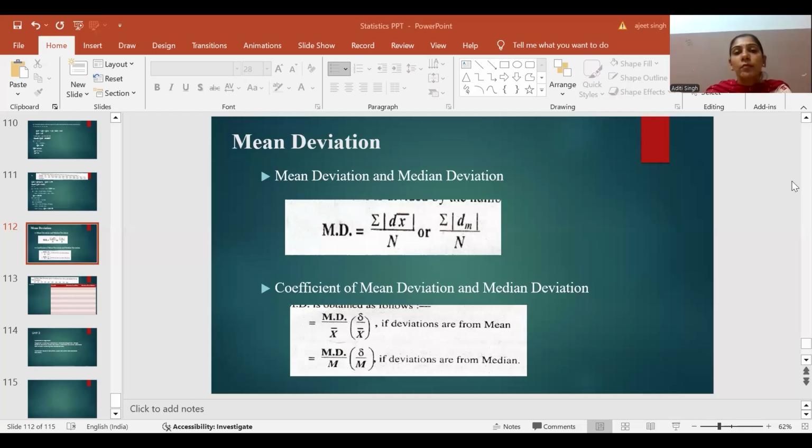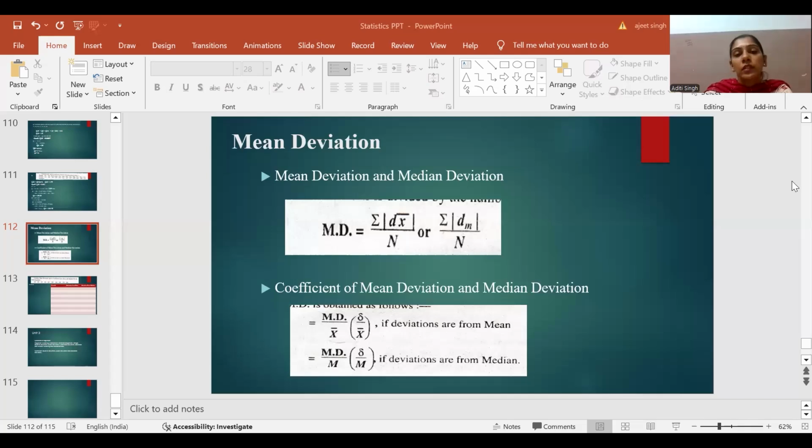While calculating mean deviation, we first have to calculate the value of mean, and after that we calculate mean deviation. Similarly, first we calculate the value of median, and after that the median deviation.